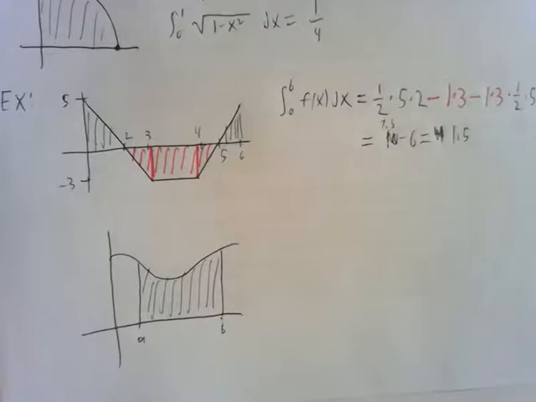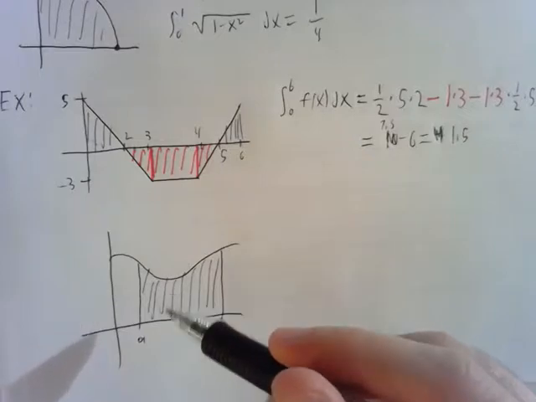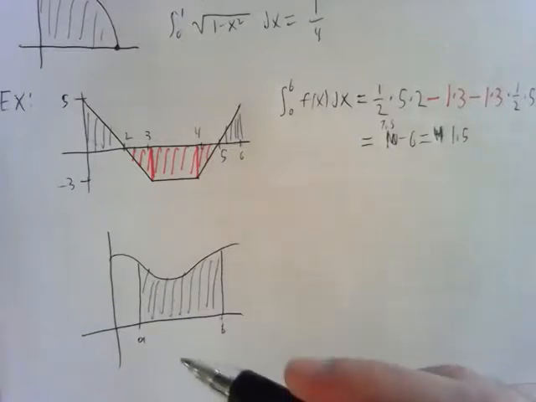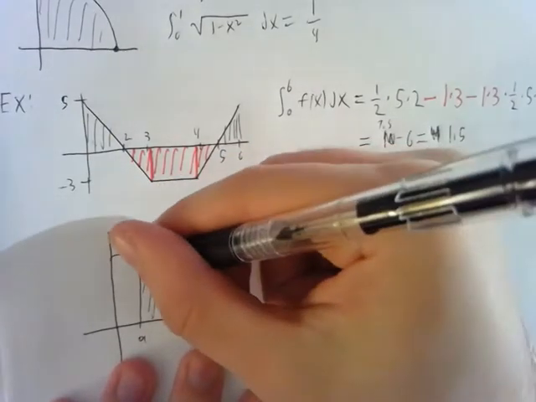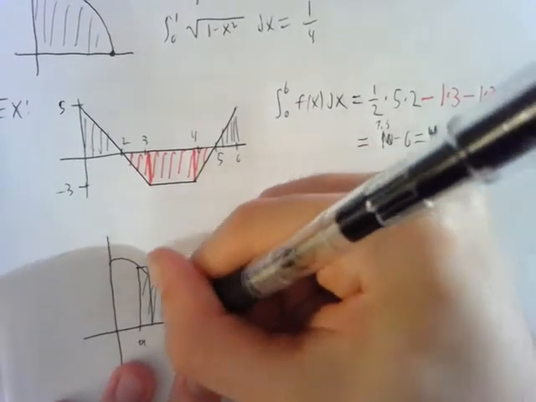And so instead of trying to calculate the area of this shape directly, what we do is we try to estimate the area of the shape by replacing it with some shapes that are easy to calculate the area of. Well, the easiest thing to calculate the area of is a rectangle. So let's replace this area by a bunch of rectangles.